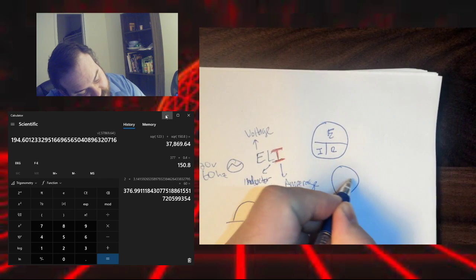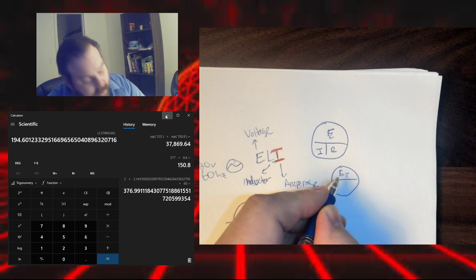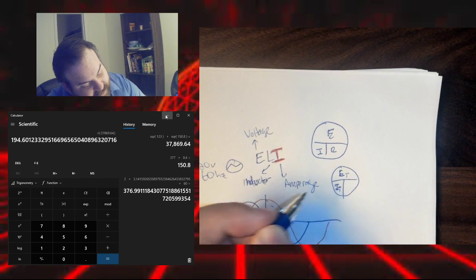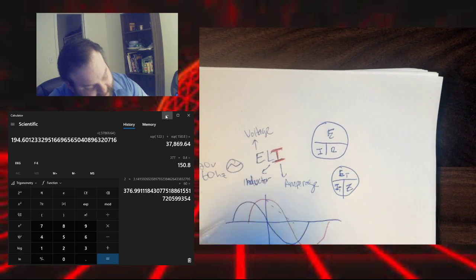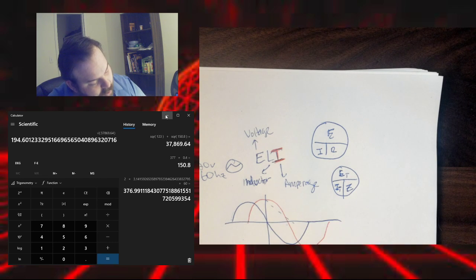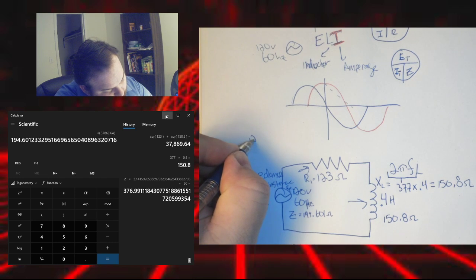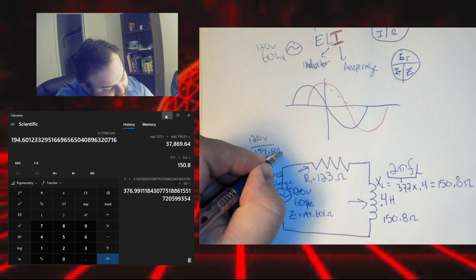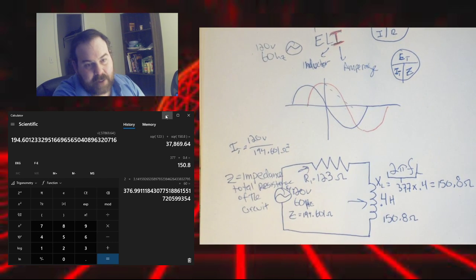It's the same theory, but now it's total voltage over total amperage over total resistance. Total resistance is impedance, so it's actually Z. So we're going to do 120 volts over 194.601 ohms. That's going to give us our total amperage of the circuit.